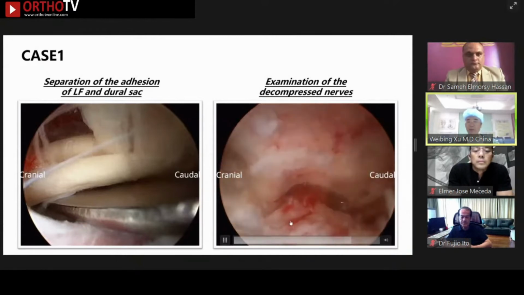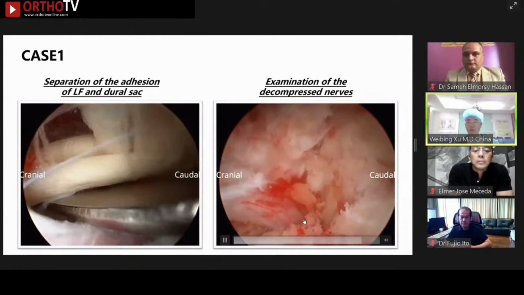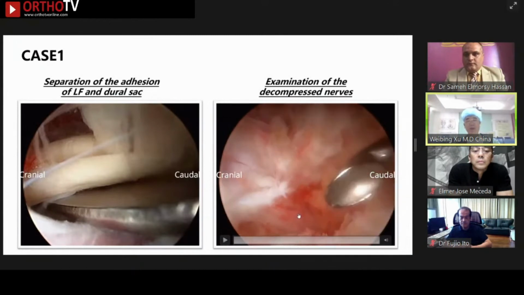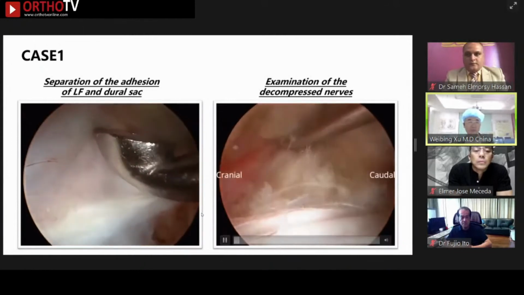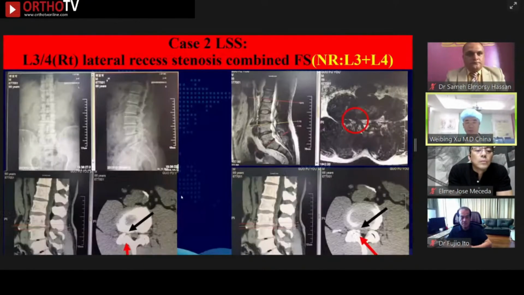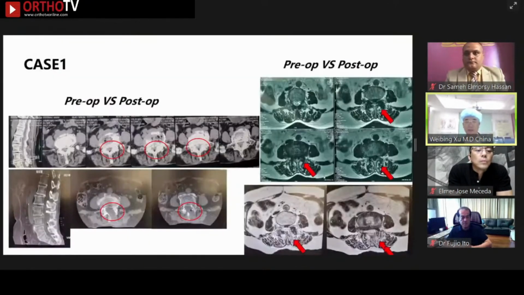This is the ipsilateral traversing nerve root. So we decompressed 3 nerve roots from ULBD. This is the preoperative CT scan and the postoperative CT and MR. Pre-operation, post-operation.